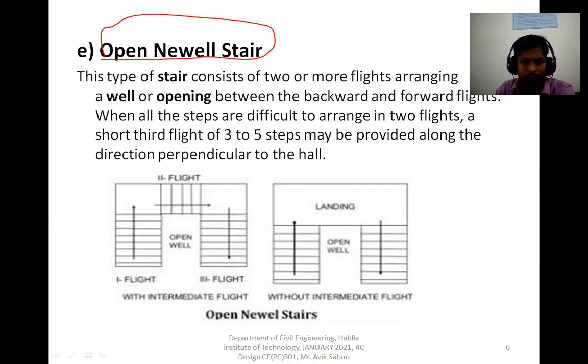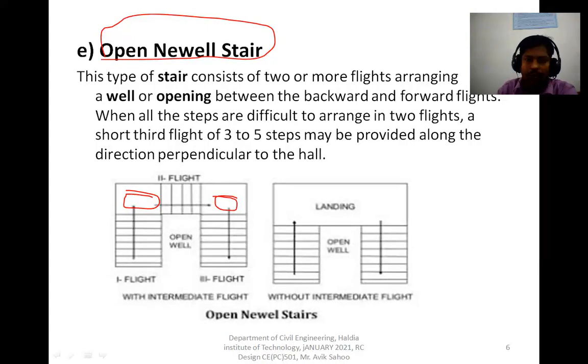Here you see that more than one landing is used, more than one landing slab. This is one landing portion, this is another landing portion. You know that in a dog-legged stair only two flights are used and one landing at the middle of the floor, but here two landings are used.